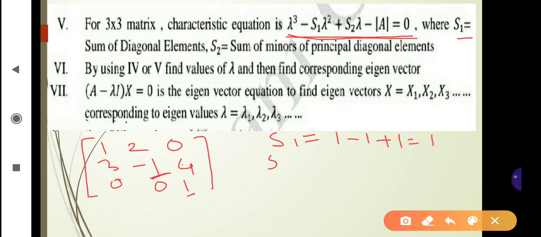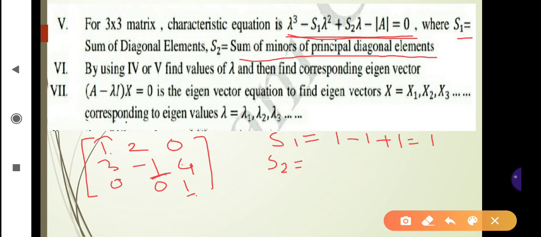Then what is s2? The sum of minors of principal diagonal elements. The principal diagonal elements are 1, minus 1 and 1. We have to find their minors and their sum.